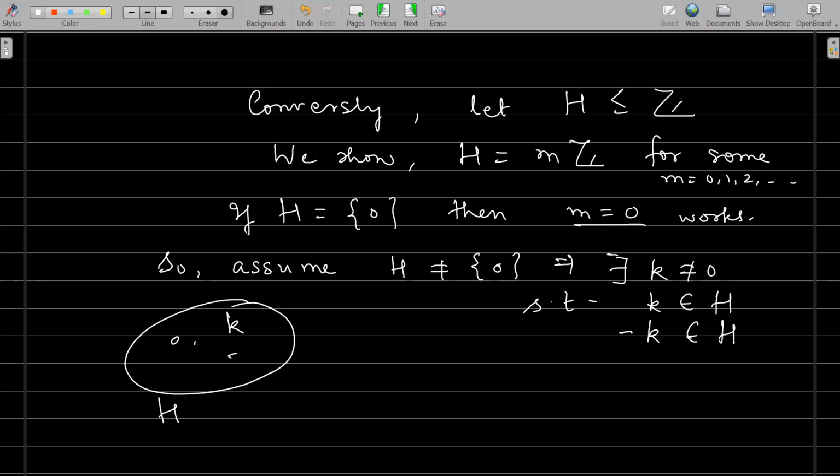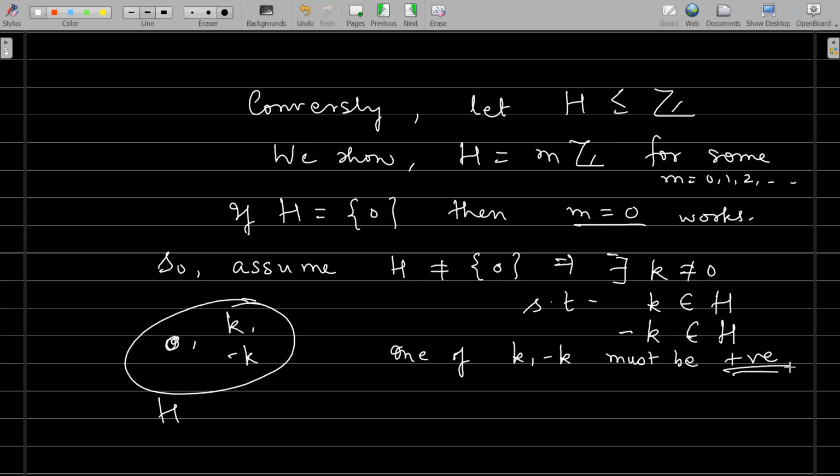But one of K and minus K must be positive. In fact, one will be positive, one will be negative. Exactly one of K and minus K must be positive. So my first claim is that whenever some subgroup of Z is non-trivial, it contains elements other than 0, it must contain positive elements. That is first thing.